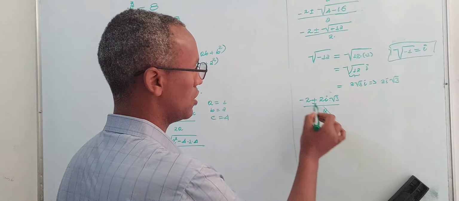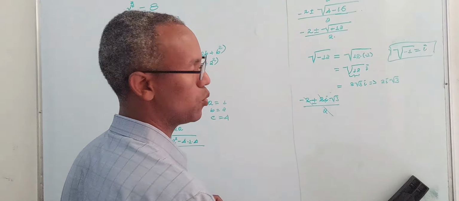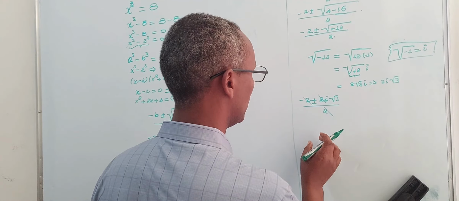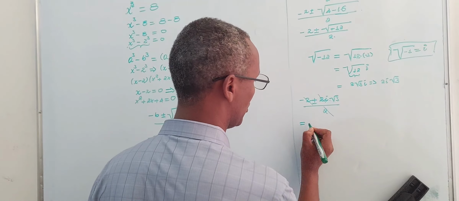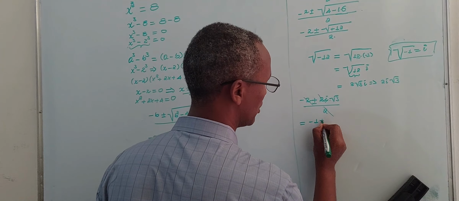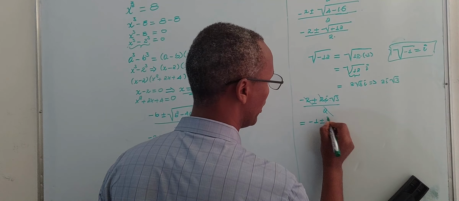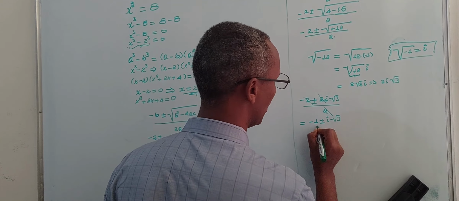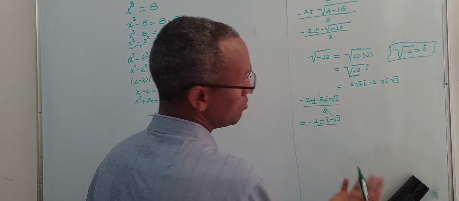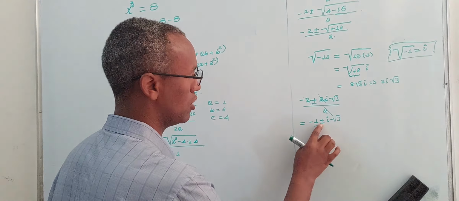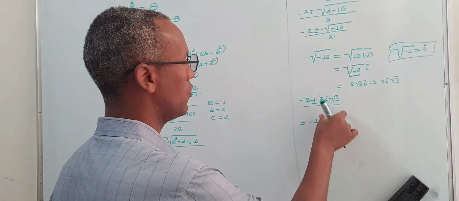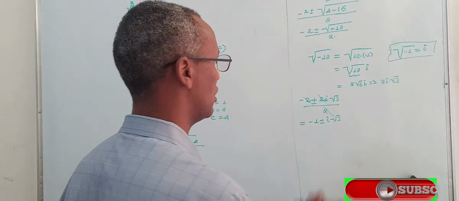Then you can cancel this with this, and this with this as well, because it is a common coefficient and common denominator. So you will get negative 1 plus or minus i square root of 3 upon 1. You cannot write 1 as a denominator, because if you divide this number by 1, you will get the number itself.